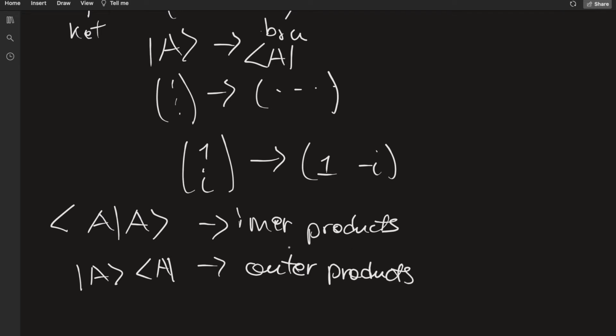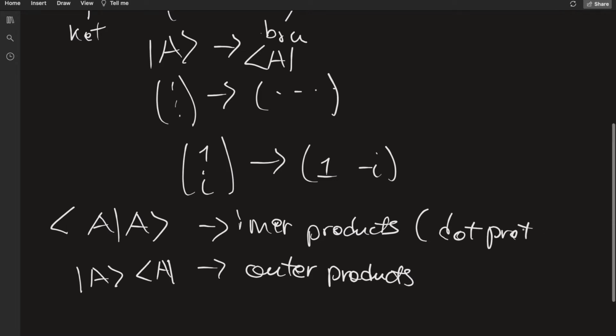Okay, an inner product, I should say, is a dot product, right? It's simply the dot product, which is trivial, but it's more in a complex sense. So that's why we have to use this notation.